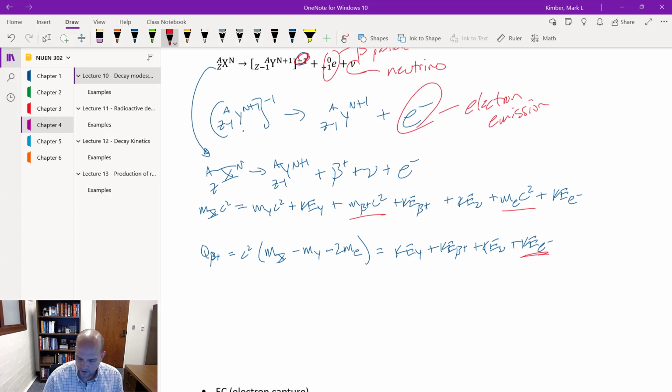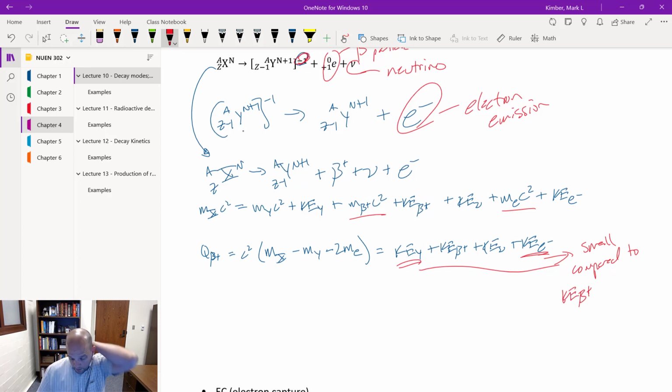And this term, and again the recoil energy, are going to be small, just like they were before, compared to the kinetic energy of that beta or the neutrino in this case. And so I'll neglect those, and eventually I'll have this new expression for Q.